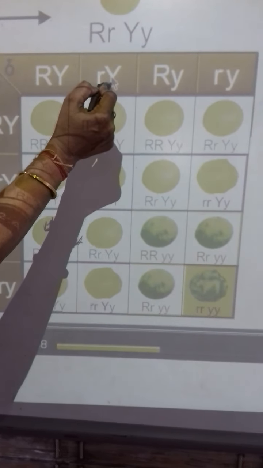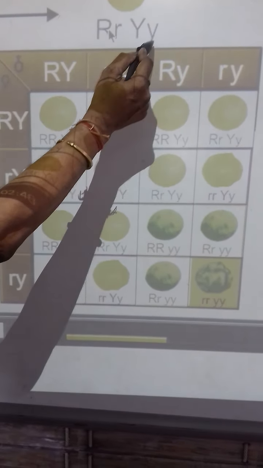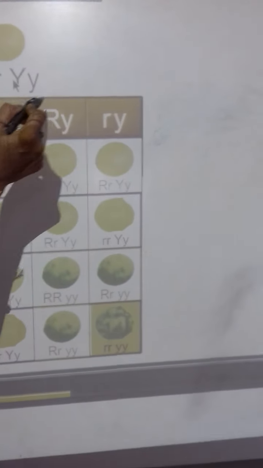Now when this genotype forms the gametes, what are the combinations? Capital R and capital Y will come here, small r capital Y, capital R small y, and small r small y. All the 4 different combinations.